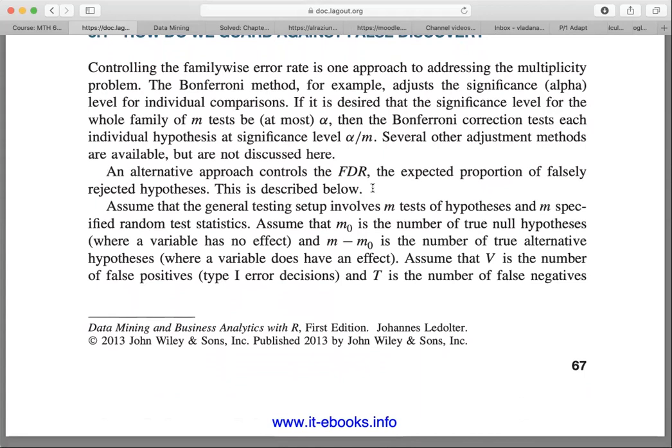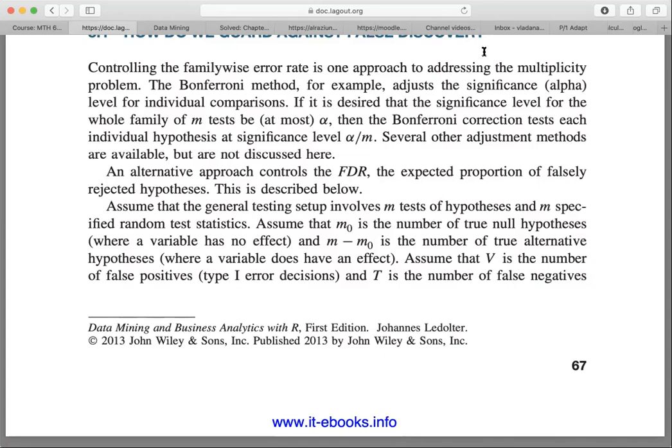How to test? M tests of hypotheses with M specified random test statistics, where M0 is the number of true null hypotheses, and M minus M0 is the number of true alternative hypotheses. V is the number of false positives, T is the number of false negatives, U is the number of true negatives.